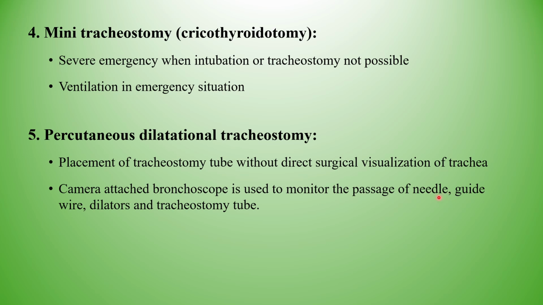It is passed through the nose or mouth to visualize the passing of the needle through the neck, then guide wire, dilators, and tracheostomy tube insertion. So there is no need to give a long incision of 5 centimeters, only a 1 centimeter incision, and then through that the guide wire is passed, the dilator is passed, and then the tracheostomy tube can be passed, and everything is monitored via the camera through the bronchoscope.